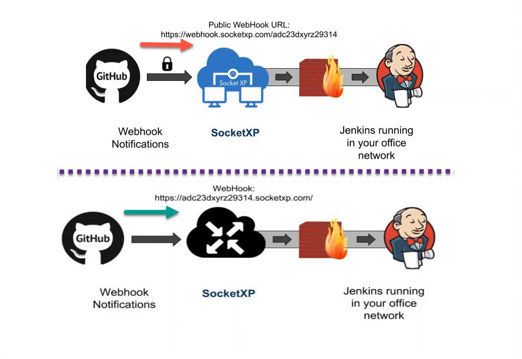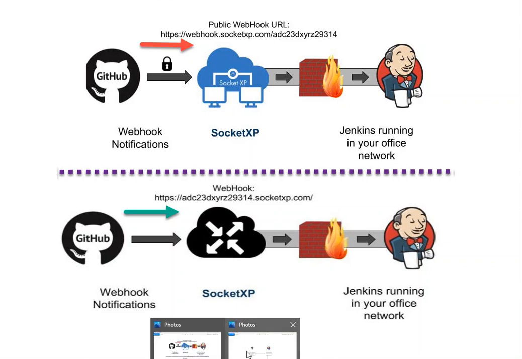So in this video, I'll explain how to integrate Jenkins running on localhost with GitHub projects, to automatically trigger a Jenkins build job instantly whenever there is a git commit to our git repository. So let's see how that actually works.